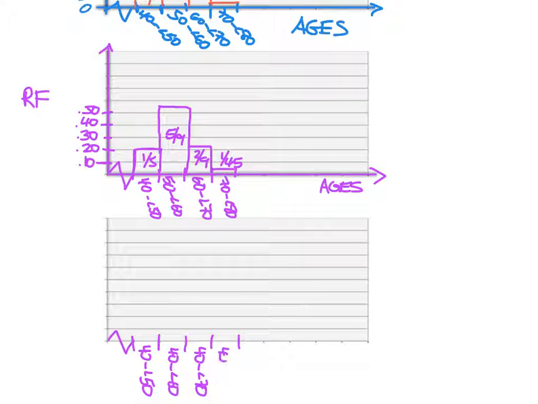And then 40 to less than 80. So cumulative ages is going to be your label for the horizontal axis, and CF is going to be the label for the vertical axis.